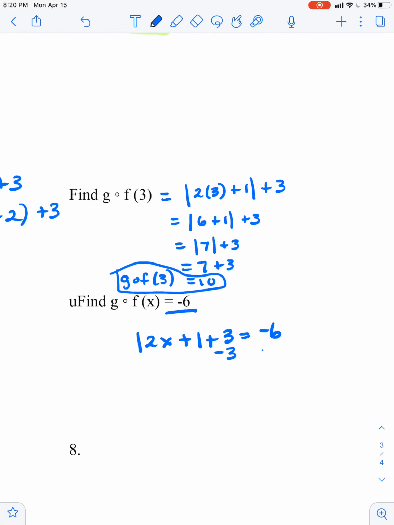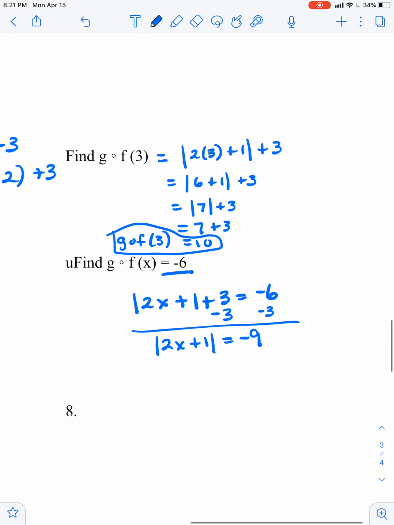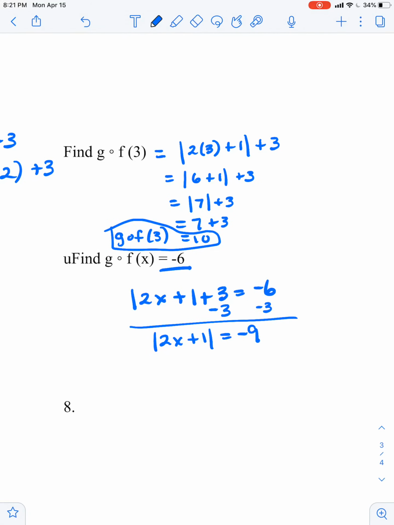So I'm going to minus 3. Here you thought absolute values had gone away. It equals a negative 9. So again, pay attention to what you got here, because when will the absolute value be negative? And hopefully your answer is never. This is a no solution. Okay?